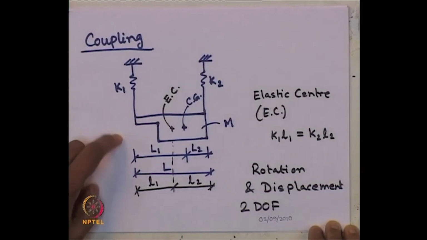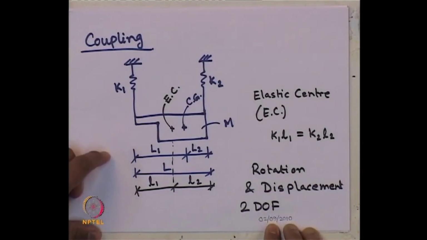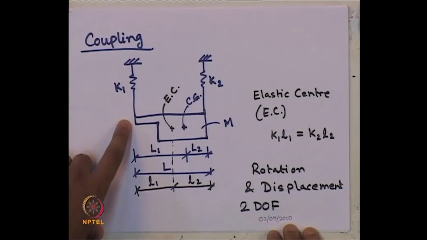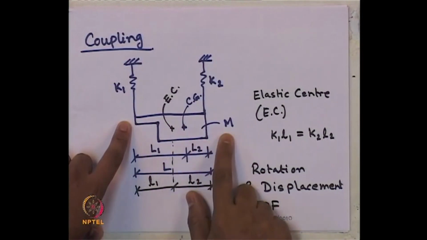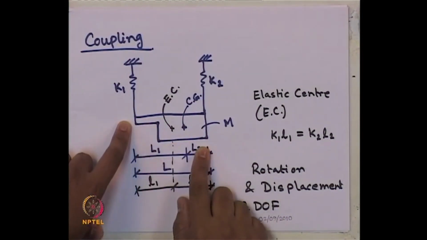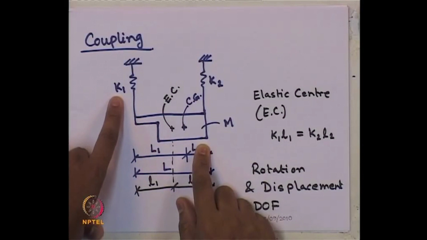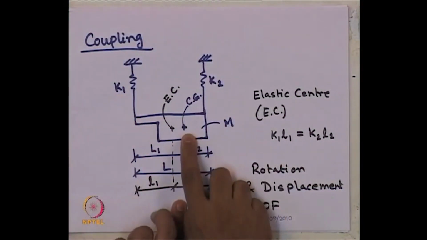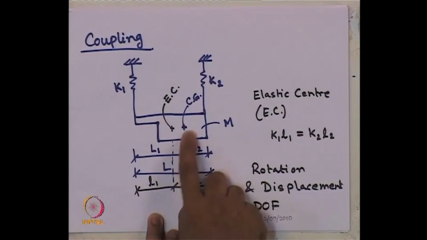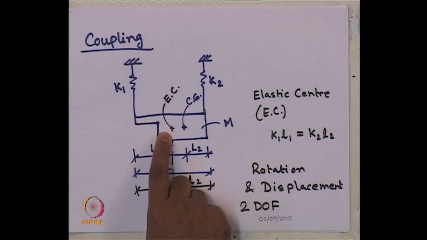So, we had taken a 2 degrees of freedom system, which is undamped, which is connecting one rigid beam of mass m of varied cross section like this through two springs K1 and K2 to a support, and the center of gravity of the beam is here, that is CG, and we have defined another point which is known as elastic center, EC.